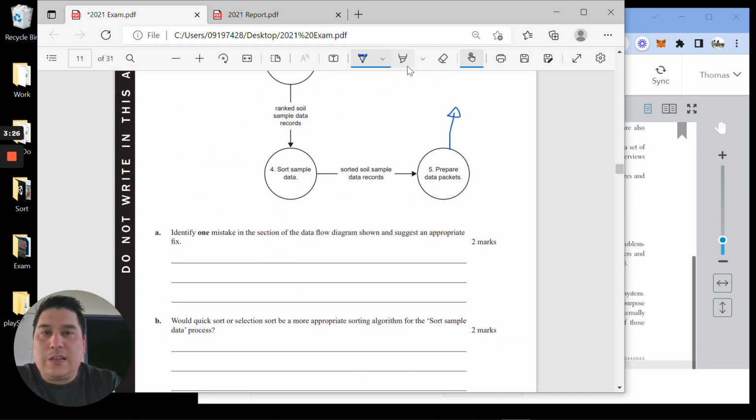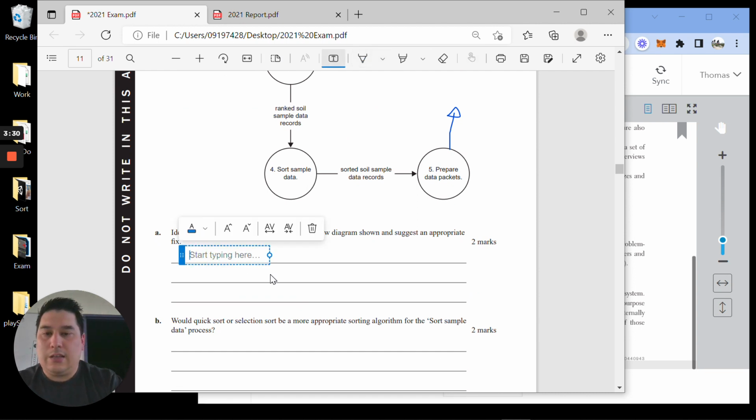So if I was answering this, I would probably jot down quickly that there's no data flow or output from the last process, which is number 5.